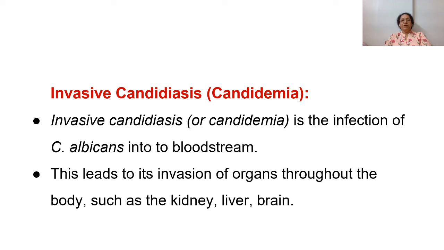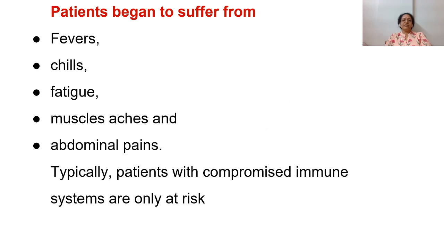Via the bloodstream, Candida may reach various organs like kidney, liver, brain, etc. And here it is nothing but a systemic type of infection. Whatever mortality or fatality rate is observed in the patient is because of such a type of candidemia, candidiasis.